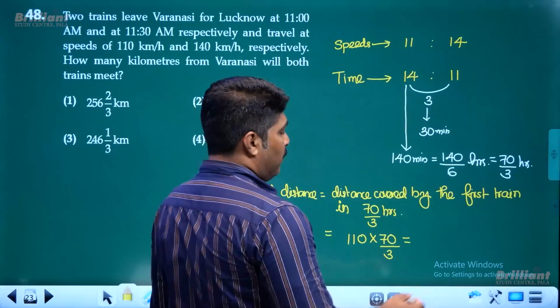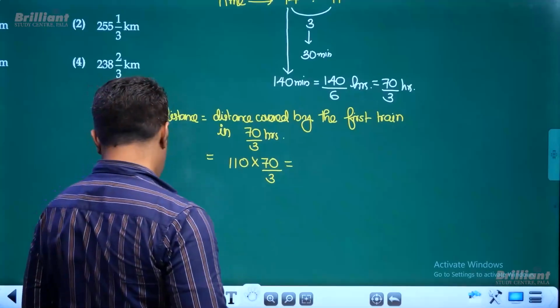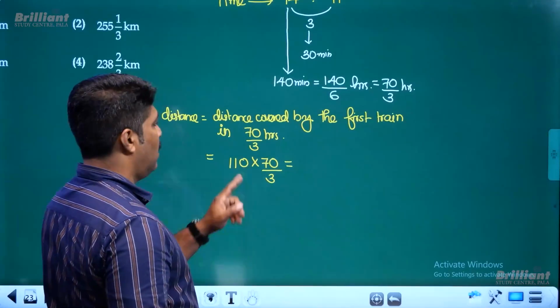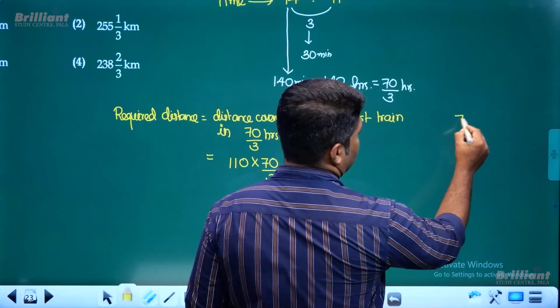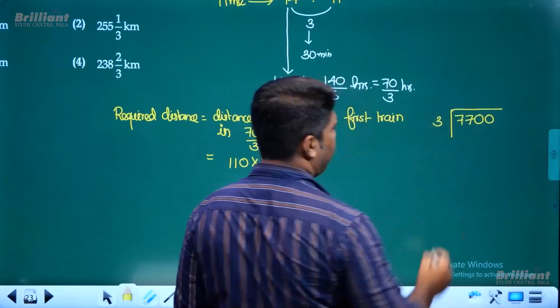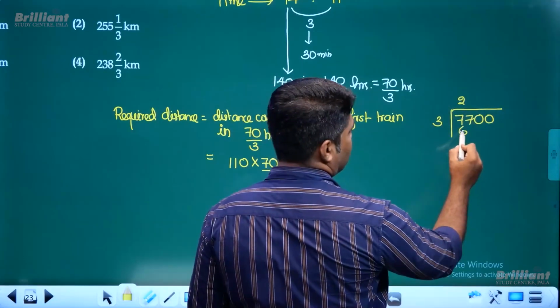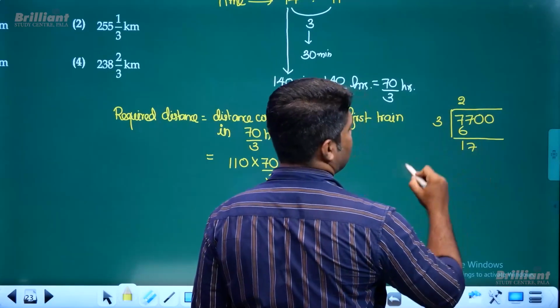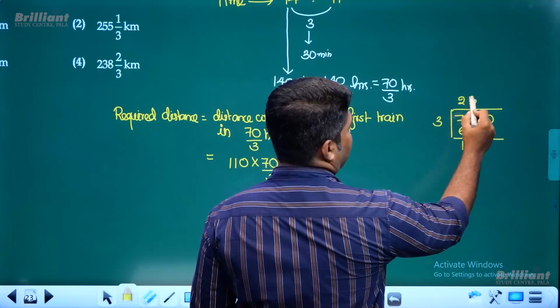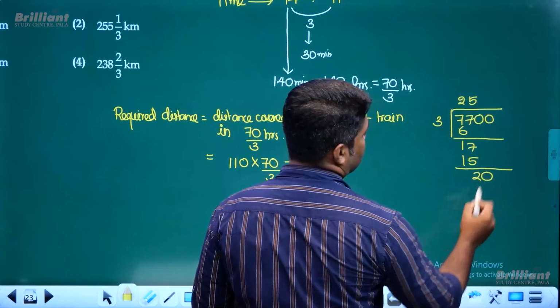So like that, if you are doing the simplification process, this is 7,700 by 3. How will it become? This is 2 times of 3, that is 6, then 1, 17 is there. 5 times here, that's equal to 15. Then 20 is there.